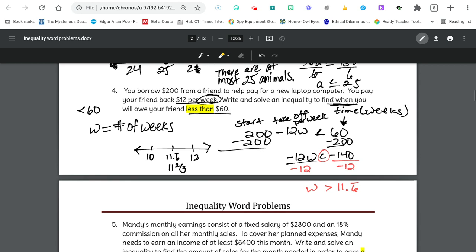All right, now so here you're gonna have an open circle, and it's got to be greater than, can't be equal to. When you write your statement, I don't need you to put that it'll be at 11 and 6 cents weeks, because it doesn't have the little equal sign right here, guys.